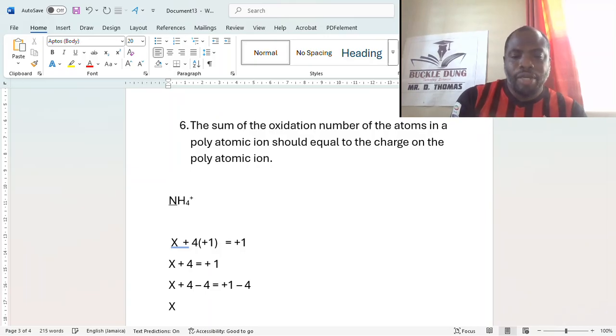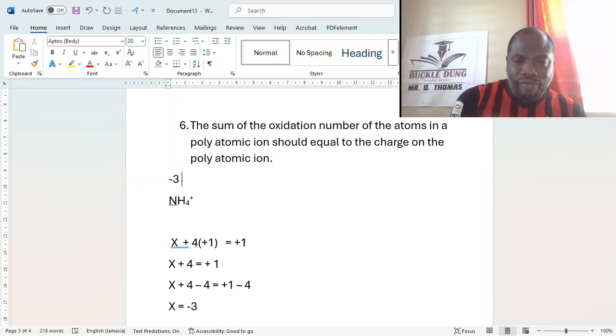So we now end up with X, and we now end up with a +1 minus 4. Then we know the X must be -3. And again, we can plug that in. We know right here the nitrogen is a -3.